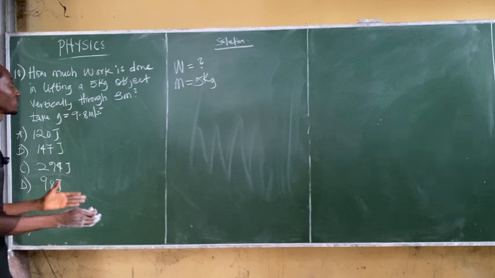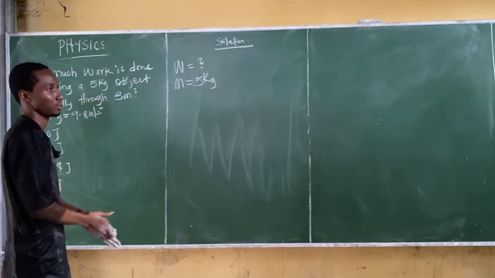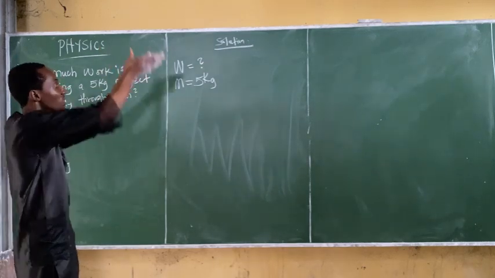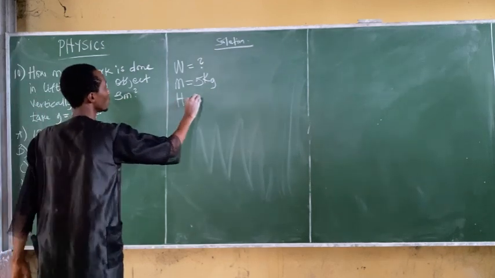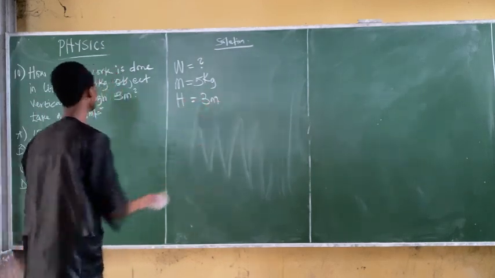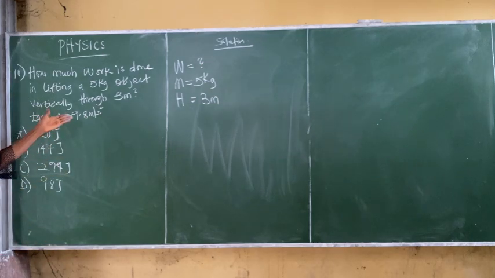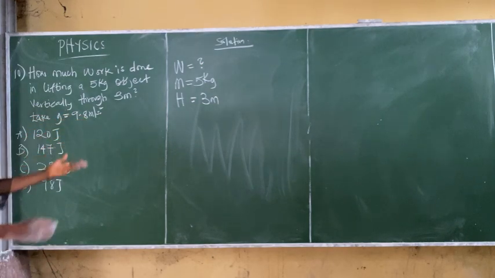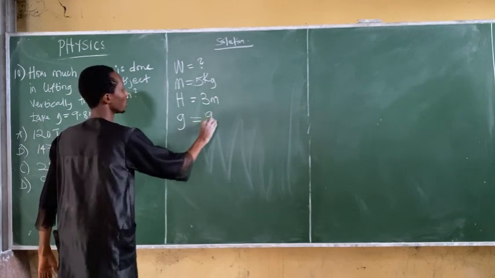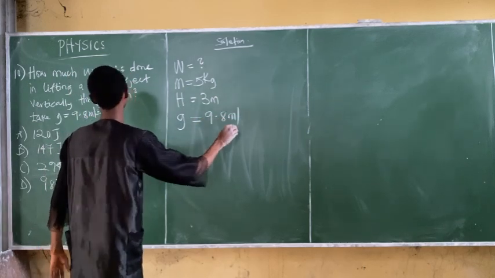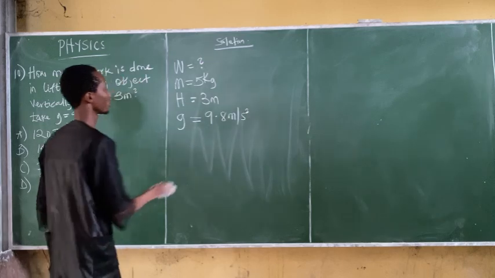So they give us height, vertical, in the y direction. So we have height to be 3 meters. They take g to be 9.8 meters per second squared. So acceleration due to gravity is equal to what? 9.8 meters per second squared.